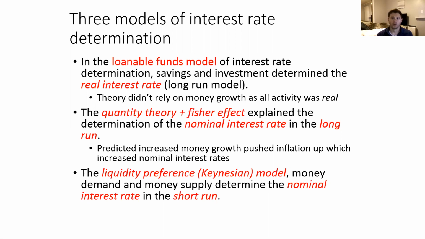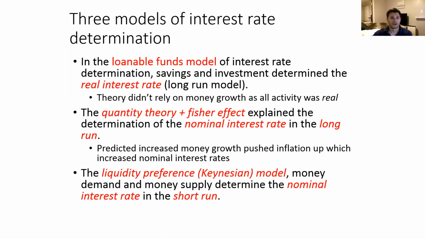One of the strange things you'll notice is these two intermediate bullet points, 2 and 3. They're going to suggest dramatically different predictions in terms of how the central bank growing the money supply affects nominal interest rates.